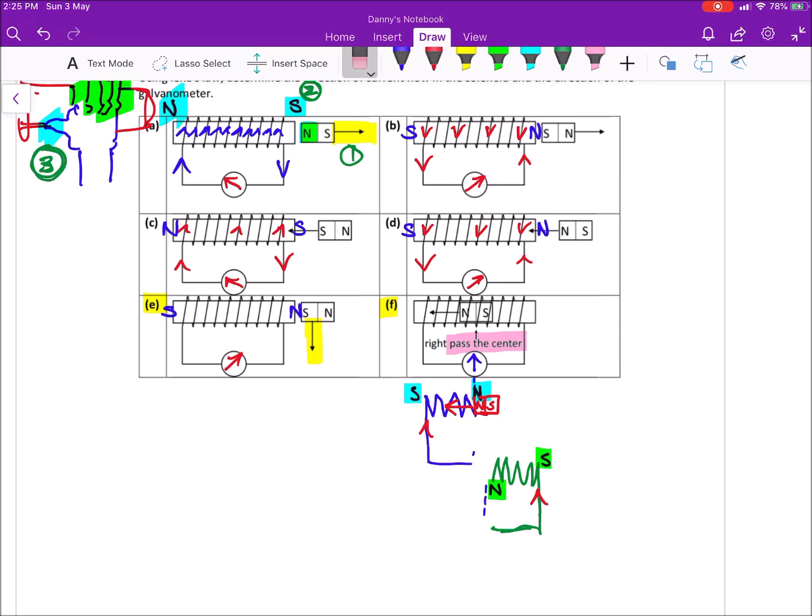But for the right half, the magnet is actually leaving, and it's the south pole that is leaving. So that's why down here you have an induced north pole. Anyway, if you don't get it, just put a star over there, and then we will review it when we meet each other when school reopens. Yeah, so now that I have formally introduced you to Lenz's law, right?